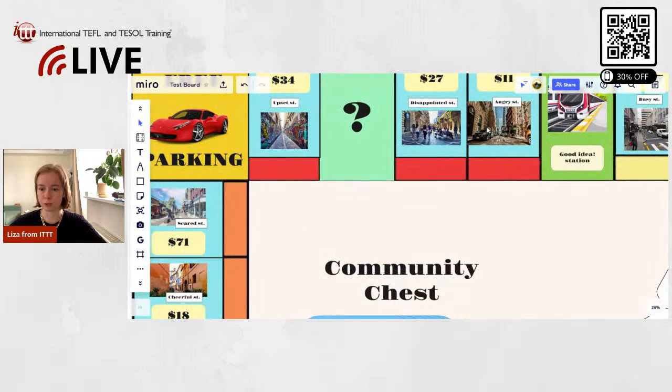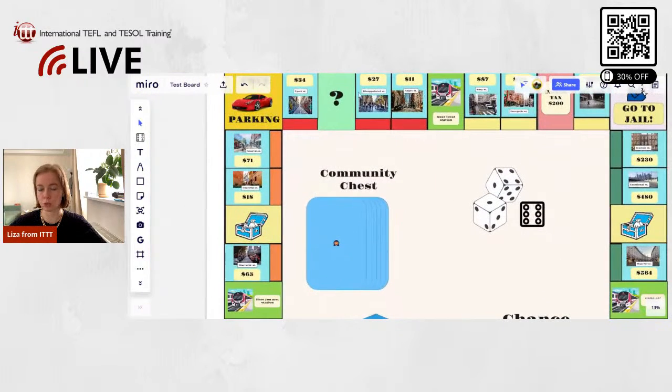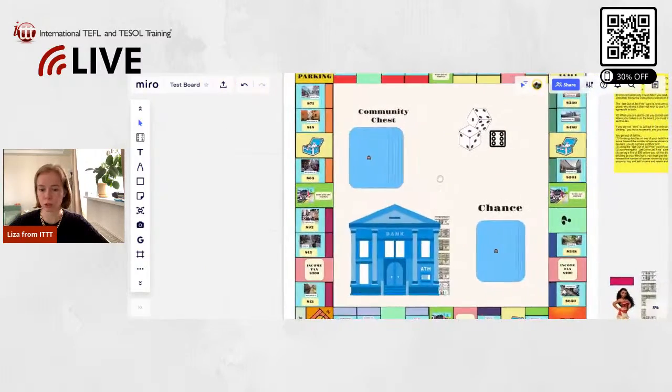So these are different adjectives describing feelings. So I thought that this way would be really easy for my student to remember the difficult words, some of the difficult feelings. And it actually worked out.